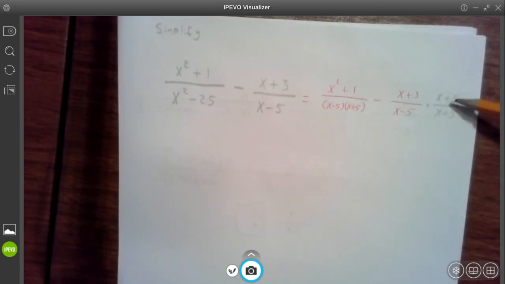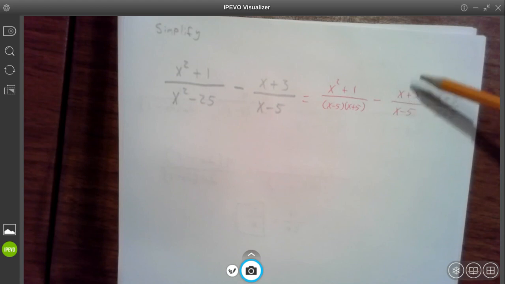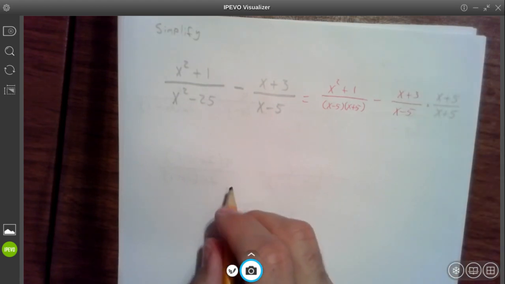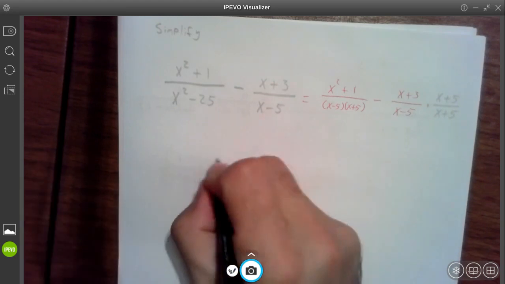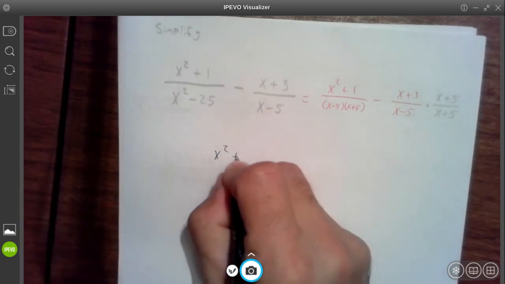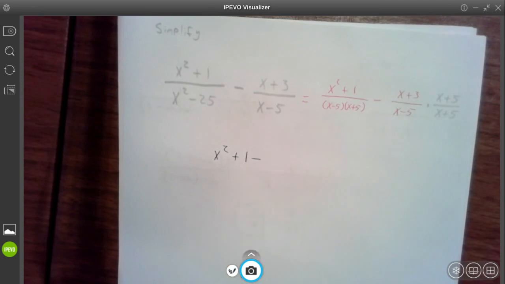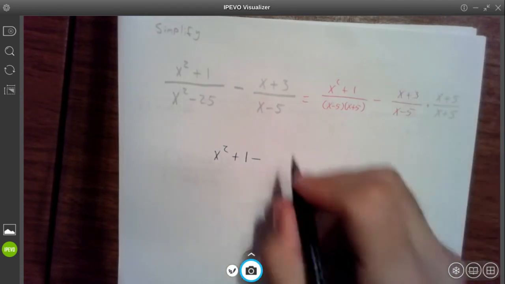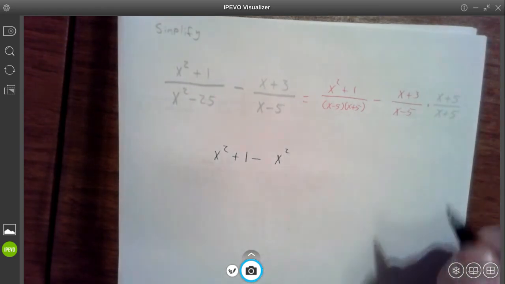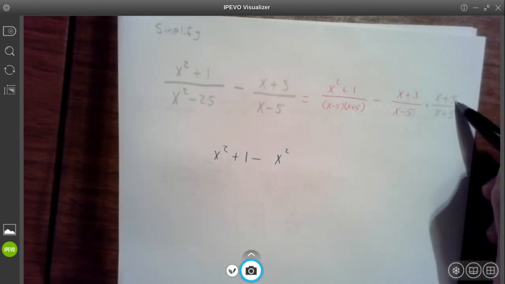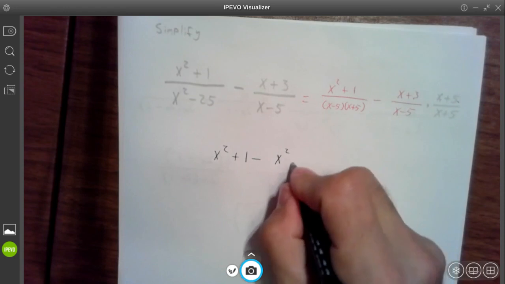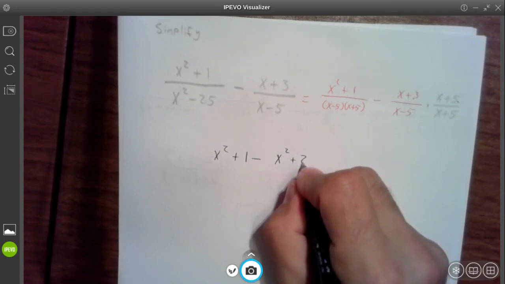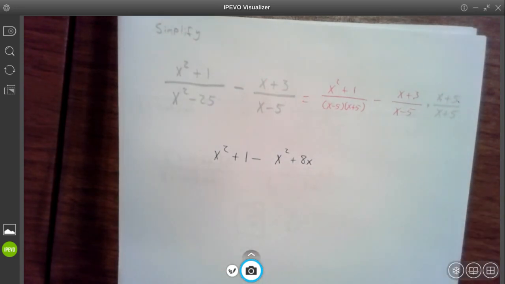Notice here, I'm going to have to use the double distributive property to multiply this times all of that. If I write this out, it's going to be x squared plus 1 minus, and we'll go ahead and multiply this out. x times x is x squared. That'll be a 5x, and that'll be a 3x, so that'll become an 8x eventually.